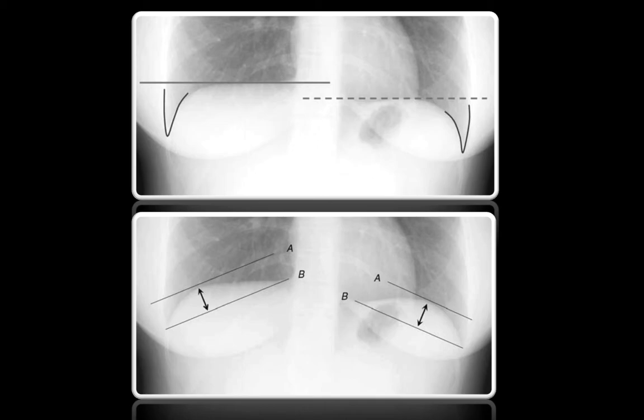And the convexity, I mean the dome shape of the diaphragm, is also very important. We take the highest point of the convexity and draw an imaginary straight line from the starting of the diaphragm to the ending of the diaphragm, and if we measure this and it is not more than 1.5 centimeters, then it's quite okay.